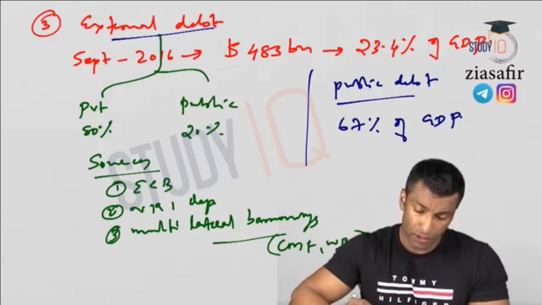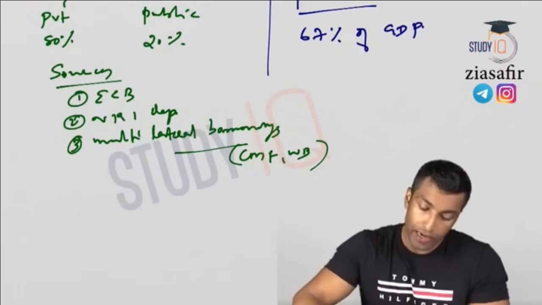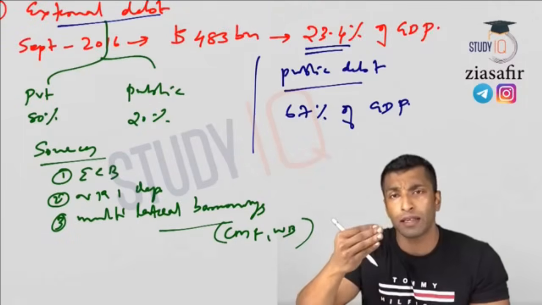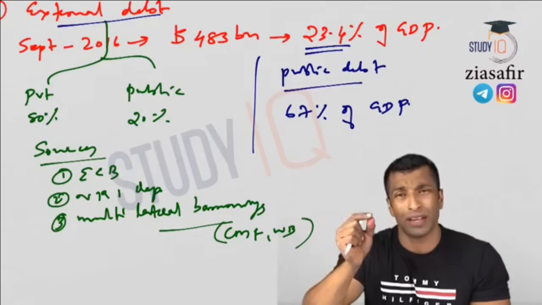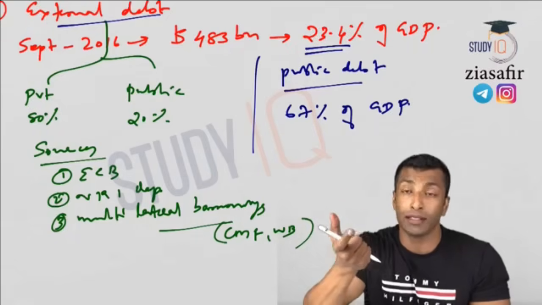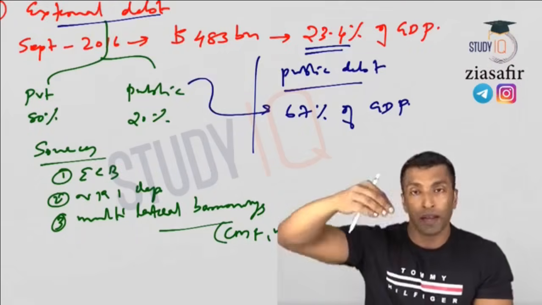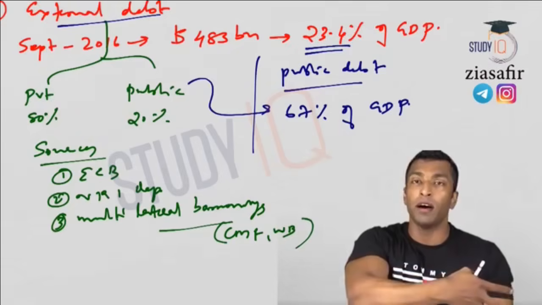That is close to 3 times of external debt, okay? So debt from India also is part of public debt, but when I'm talking about external debt, it is just the debt from outside. In that, government has only some 20%. That 20% will also be part of the 67, plus whatever the government is borrowing from India.